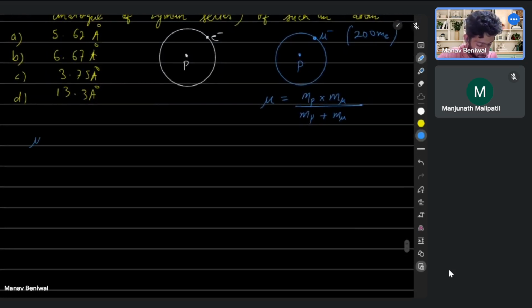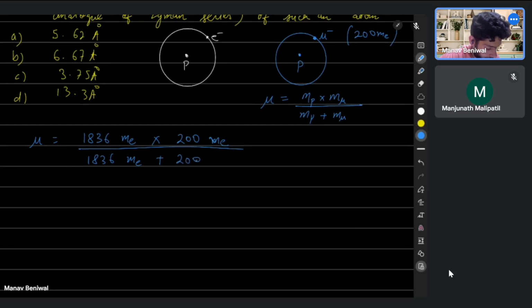So our mu will become 1836 times the mass of the electron multiplied by 200 times the mass of the electron, upon the same thing but with addition. One Me will cancel out and we'll be left with 1836 into 200 divided by 2036 times Me, so mu is 180 Me.